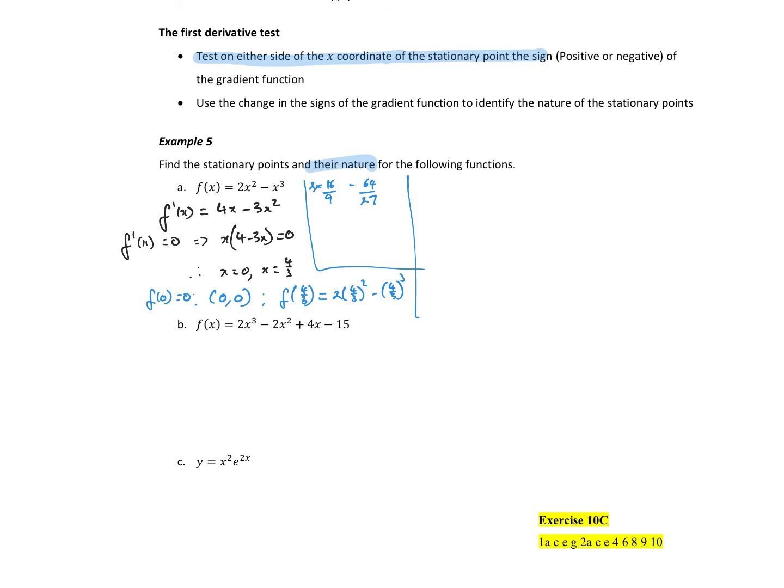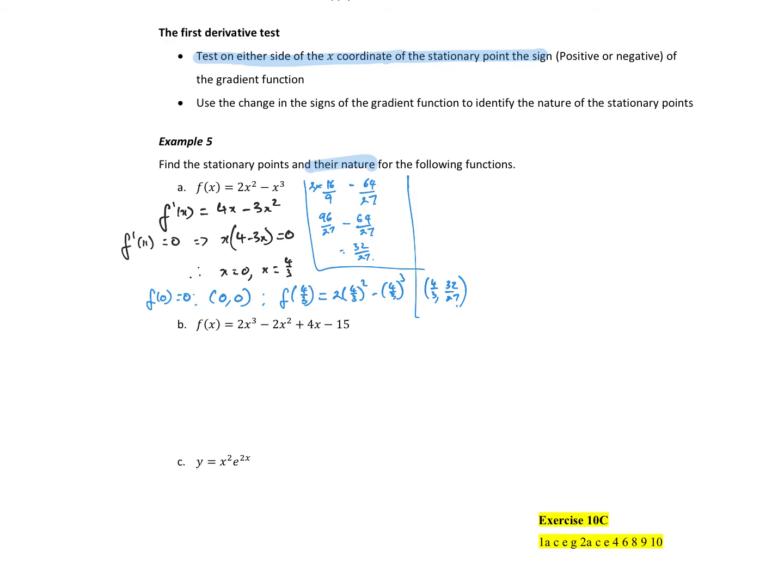Making them both on 27, 32 times 3 is 96 on 27, minus 64 on 27, which is 32 on 27. So that coordinate becomes (4/3, 32/27).